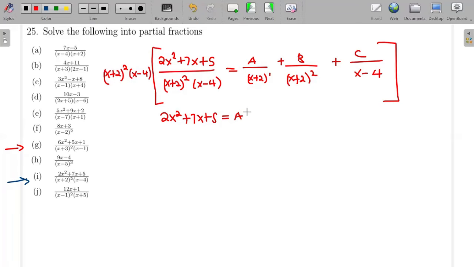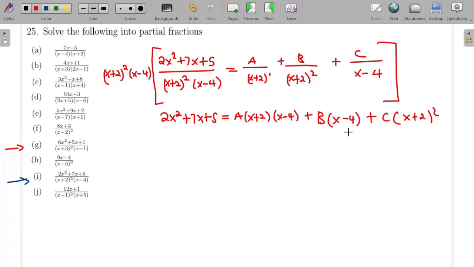So I have A, (x plus 2), (x minus 4). Plus, if I multiply this with this, the (x plus 2) squared cancels out. So I have B, (x minus 4). And then plus, if I multiply this with this, the (x minus 4) cancels out. So I remain with C, (x plus 2) squared.